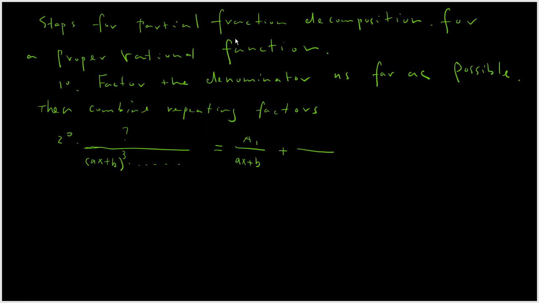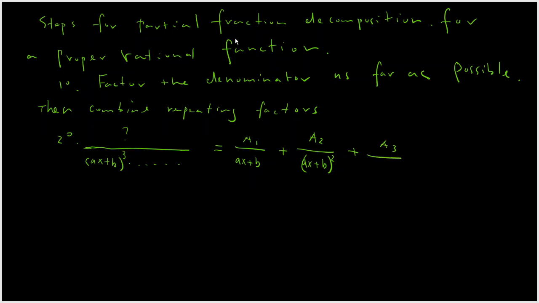The first term is a number a1, the denominator is ax plus b. The second term is now let's say a2, another constant. On denominator you have ax plus b, the whole thing squared. I told you corresponding to a linear function to the power of 3, you have 3 terms. Now the third term is a number a3.